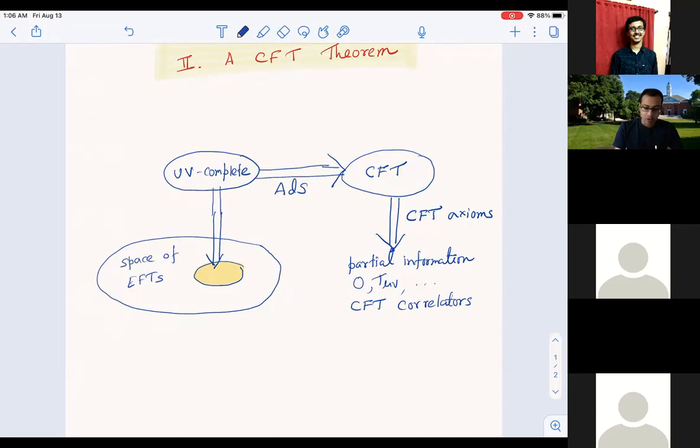So the goal of this talk is to derive interesting consistency conditions on CFT correlators. So the goal is to find constraints that are interesting for the dual effective field theory.